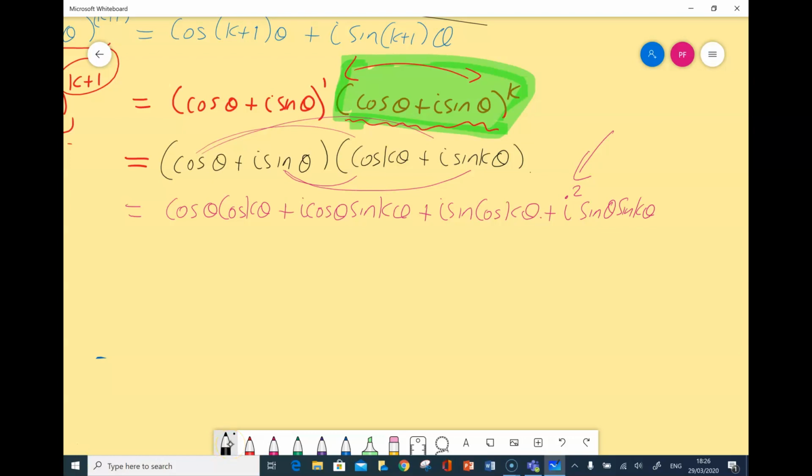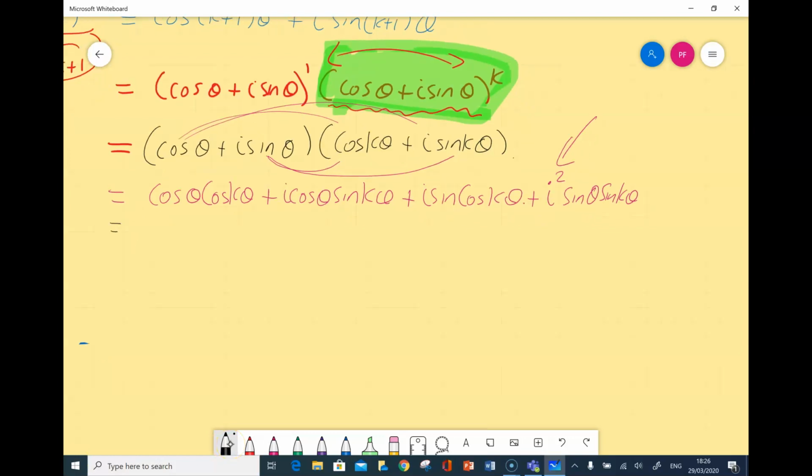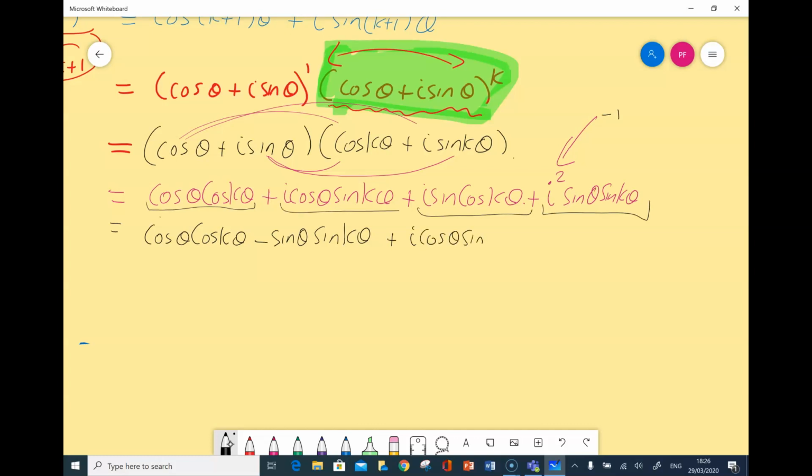So I'll bundle my reals together. The reals are the parts without i's, and this will have no i's because i squared is minus 1. So there I'll have cos theta cos k theta, and i squared turns to minus 1, so minus sin theta sin k theta. And then I'll have my i's together: plus i cos theta sin k theta plus i sin theta cos k theta.